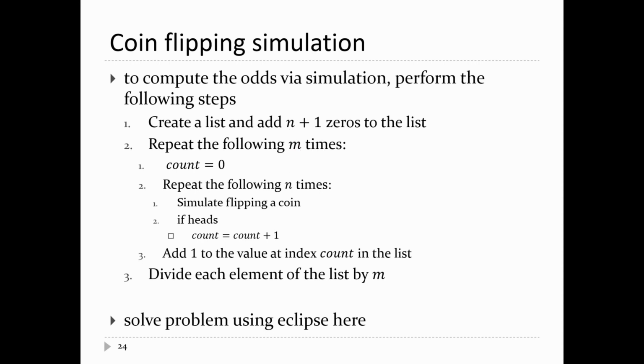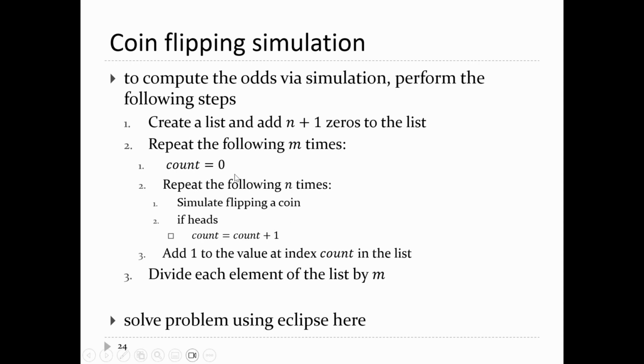Count is going to be the number of heads that I see when I flip the coin n times. So now flip the coin n times. If I get a head, add 1 to the count. So that simulates the process of flipping a coin n times.